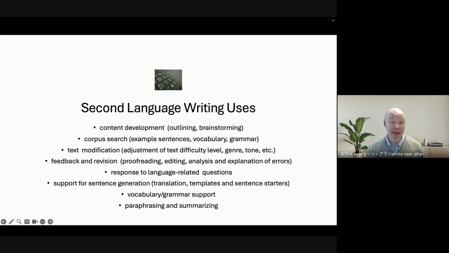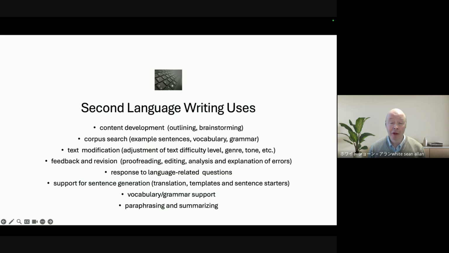In terms of second language writing uses, everything from content development, outlining, brainstorming, right? Corpus search, text modification, right? Feedback and revision. So all kinds of things we can do with these. Response to language-related questions, support for sentence generation, vocabulary, grammar support, paraphrasing and summarizing, and so on, right?